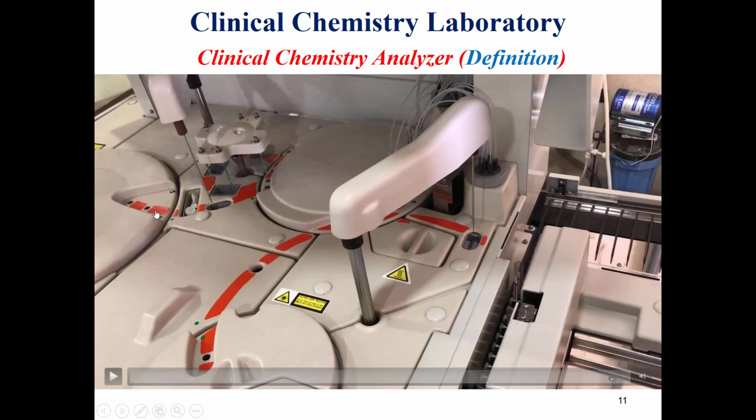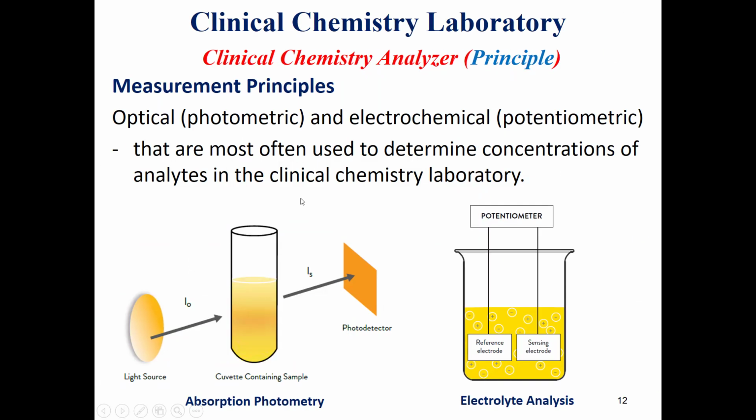Sometimes we use one reagent, but mostly we use two types of reagents, R1 and R2. Also, we can see the mixer, and here is the photo of the photometer, which is used to measure the analytes in the serum.